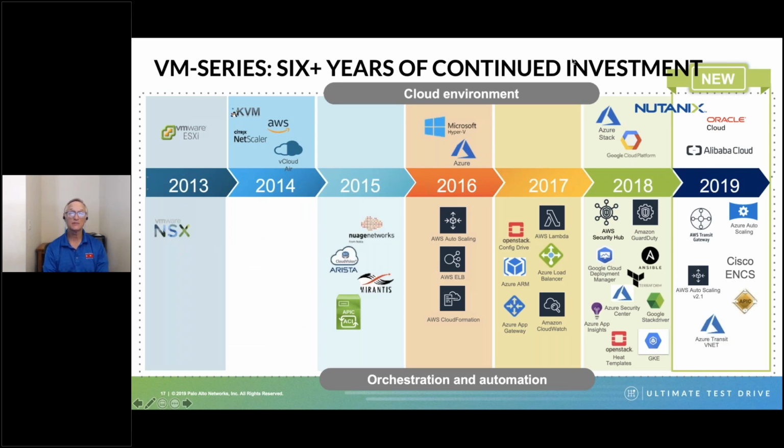VM-Series is not a Johnny-come-lately, meaning they're not new to the ball game. Palo Alto has been doing VM-Series for 6 years. They've been doing it on Microsoft now for almost 5 years, since they started back in 2016. So there's some depth of use, depth of knowledge, and as you can see, it continues to grow, and new services are continuing to be supported.